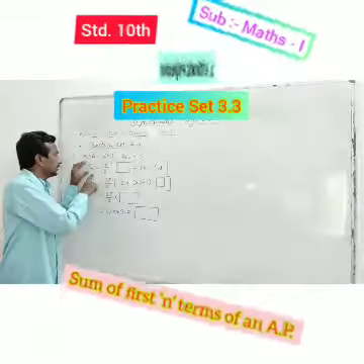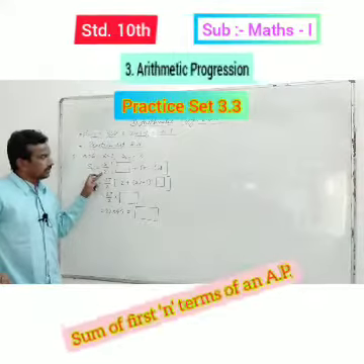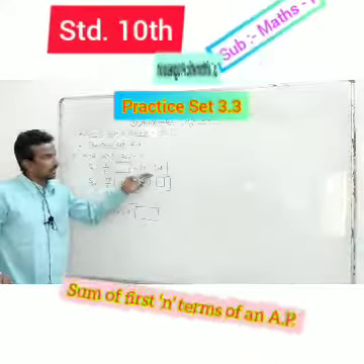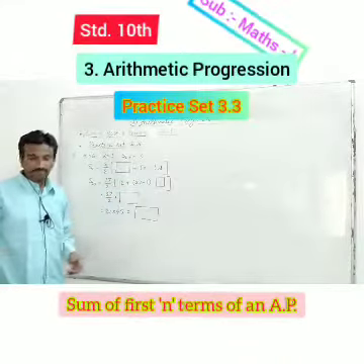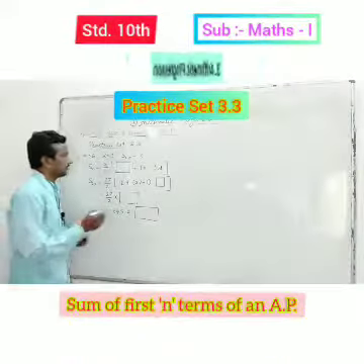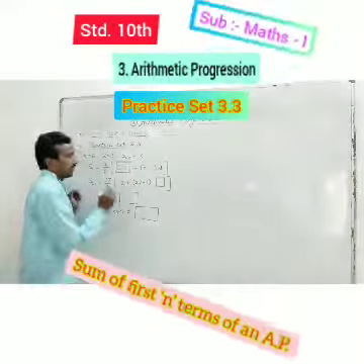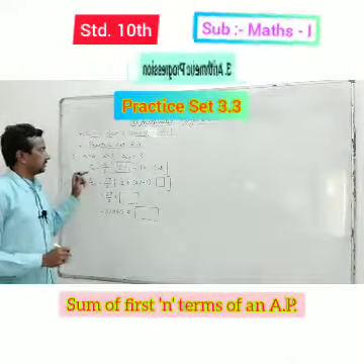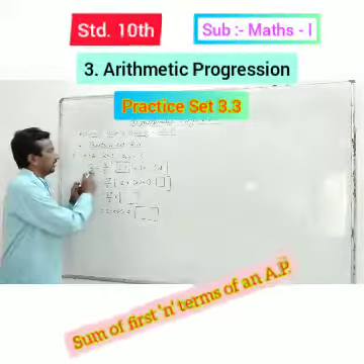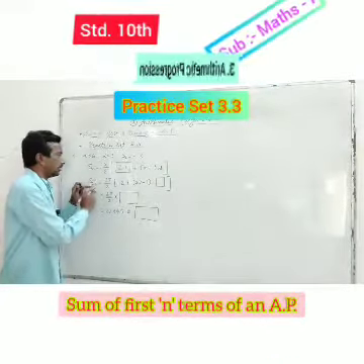The formula for that is Sn is equal to n upon 2 into [dash] plus n minus 1 into d. Fill in the box, it is 2a. Then we have to find S27, therefore the value of n is 27.